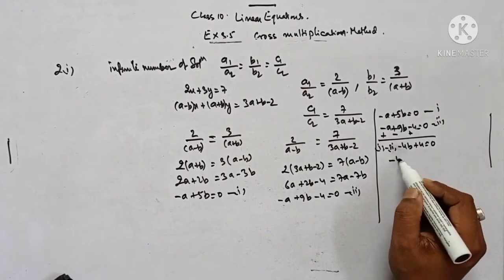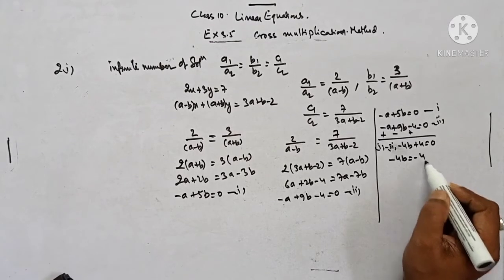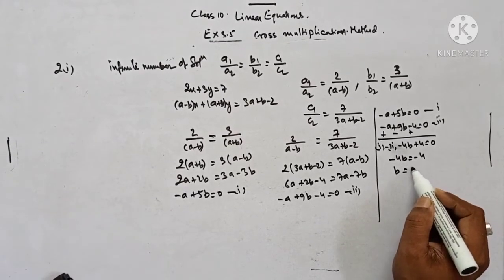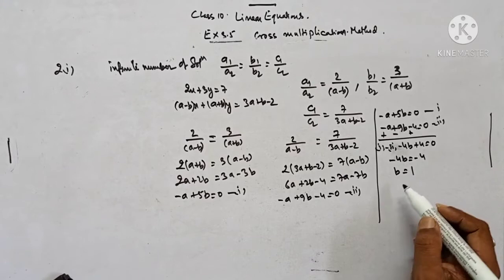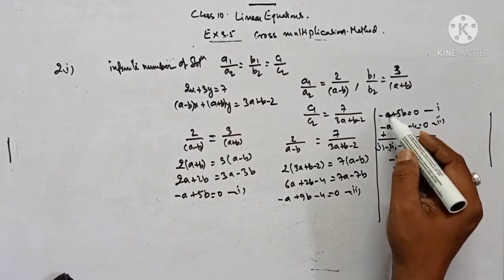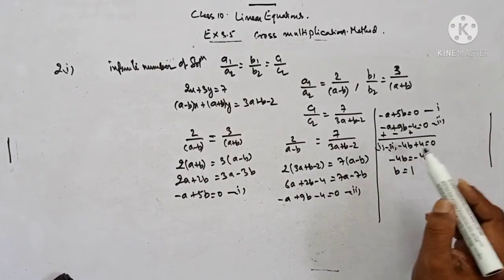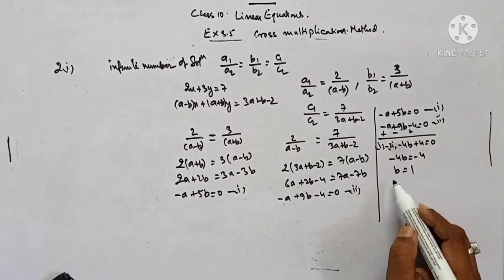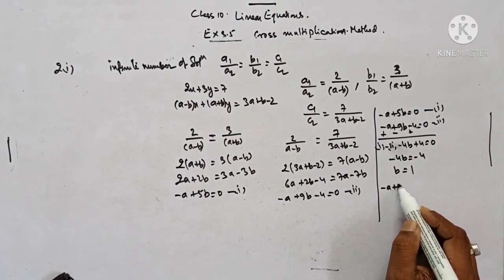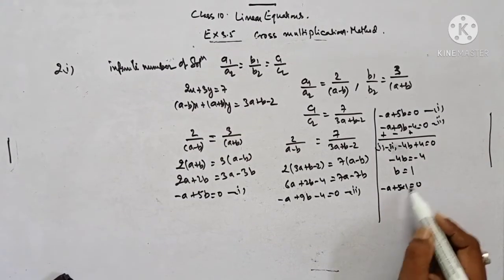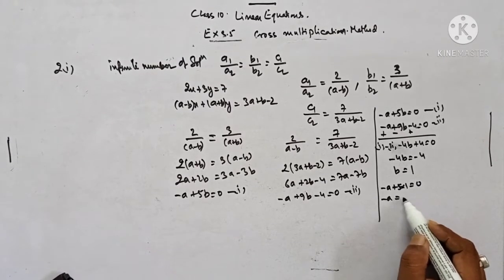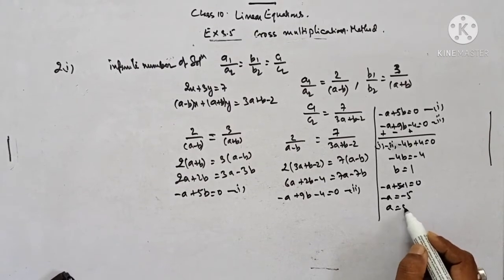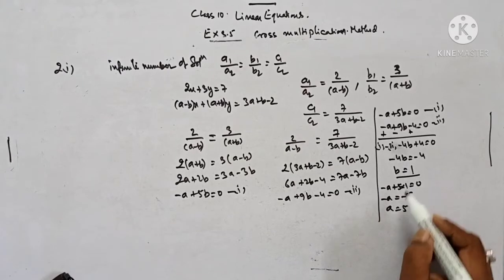So minus 4b equal to minus 4, so your b will be equal to 1. Put this value of b in any one of these equations. Let me select this equation: minus a plus 5 into 1 is equal to 0. So minus a equal to minus 5, so a equal to 5. These two are your answer.